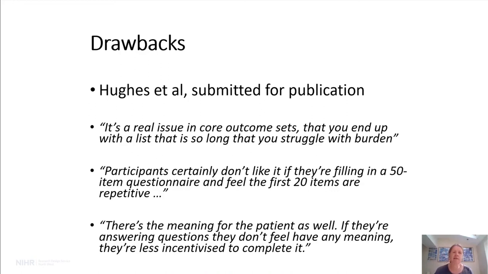And trialists said things like, it's a real issue in core outcome sets that you end up with a list that is so long that you struggle with burden. Participants certainly don't like it if they're filling in a 50-item questionnaire and feel the first 20 items are repetitive. And there's the meaning for the patient as well. If they're answering questions they don't feel have any meaning, they're less incentivized to complete it.